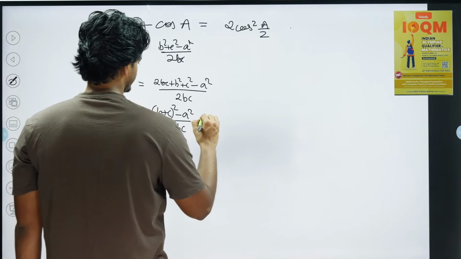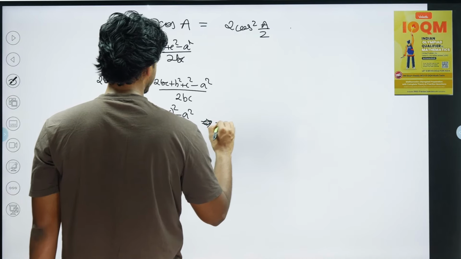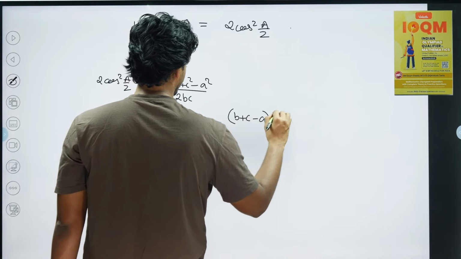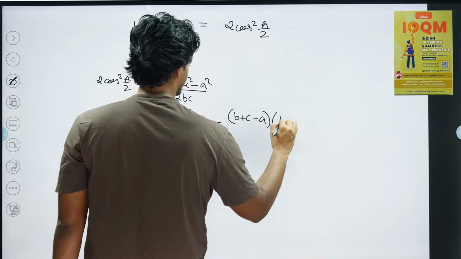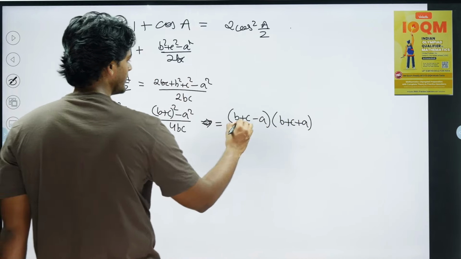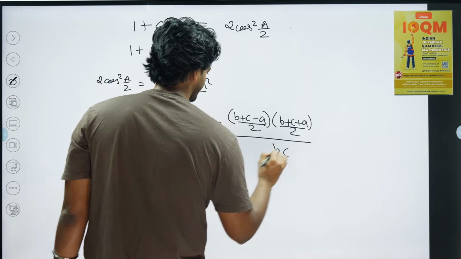In other words, we can write this as B plus C minus A into B plus C plus A by 4, which I will write as by 2 by 2 by BC.